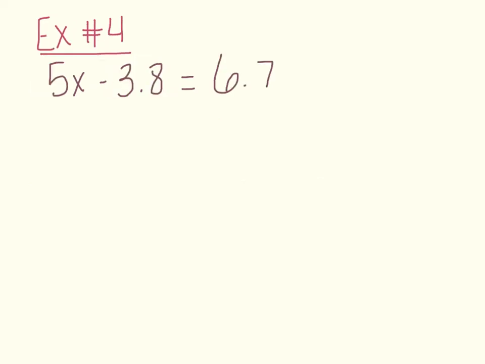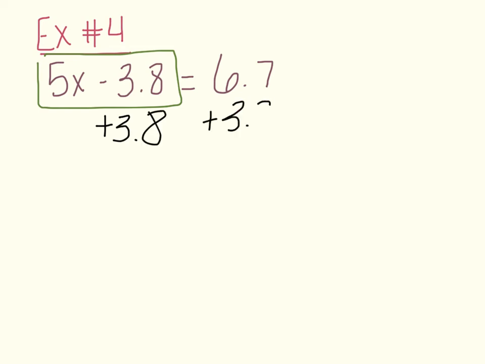And our last example, we have some decimals. So you have to remember what your decimal operations are. We have 5x minus 3 8/10 equals 6 7/10. So we're going to get rid of the 3 8/10 first. It's a subtraction problem, so we have to add 3 8/10 to both sides.